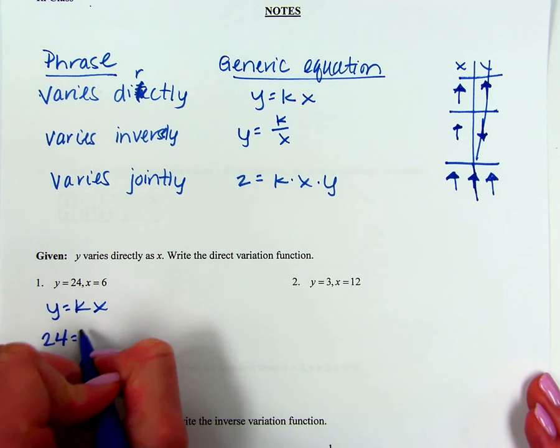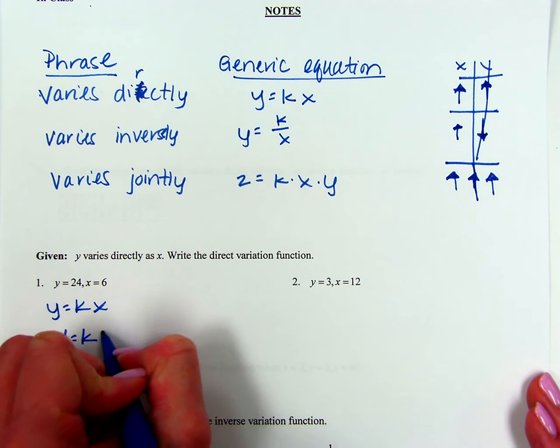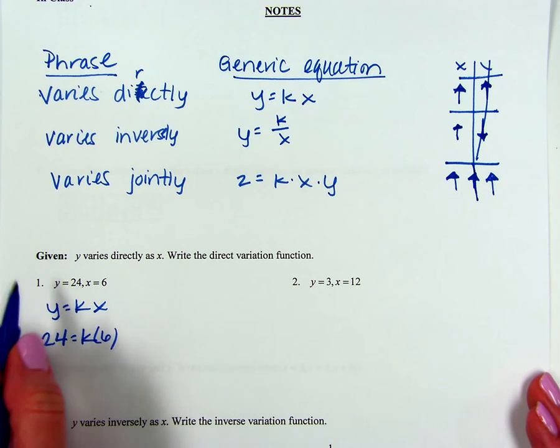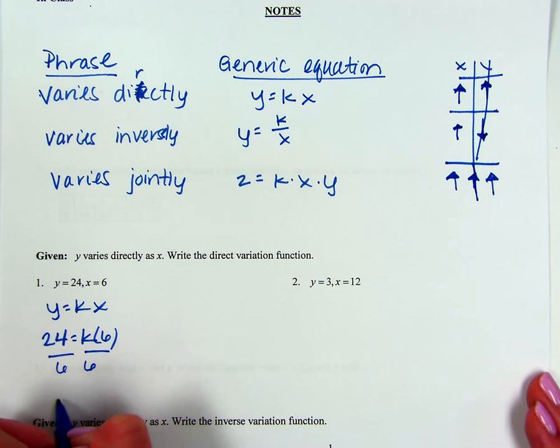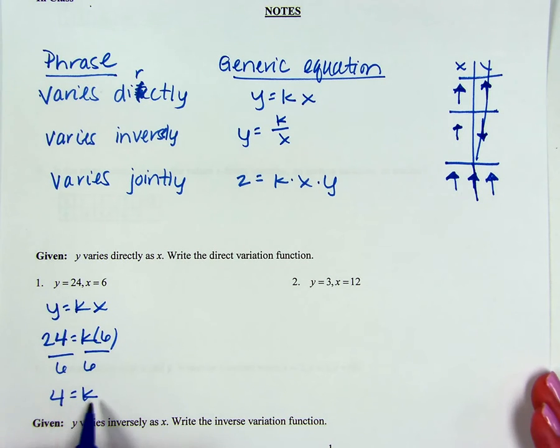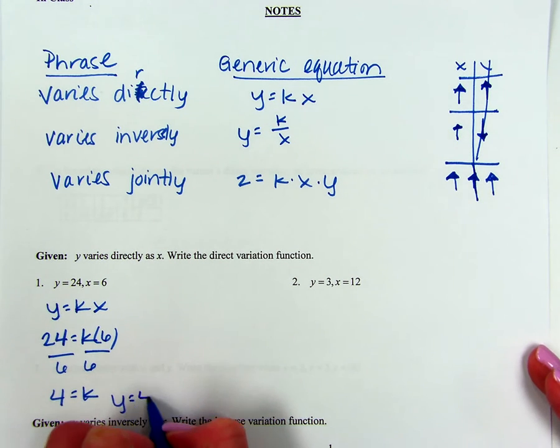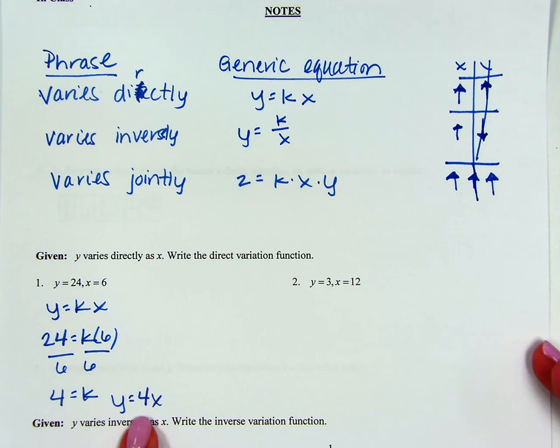So 24 equals k times 6. We'll get our k alone, and k equals 4. So that means our equation would be y equals 4x. So y equals 4x is our solution here.